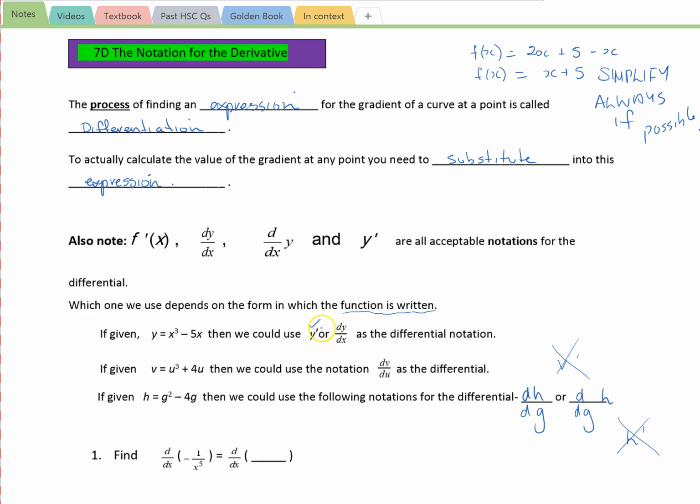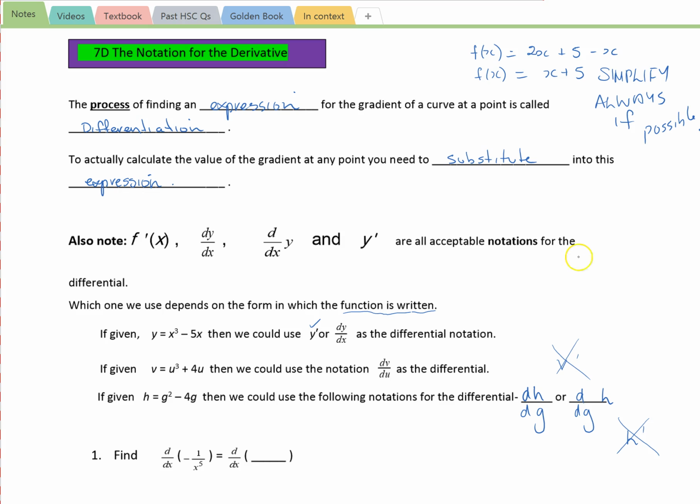The rule or the understanding is that you will only use that very abbreviated form, in fact, when the function is named y and the variable is x.